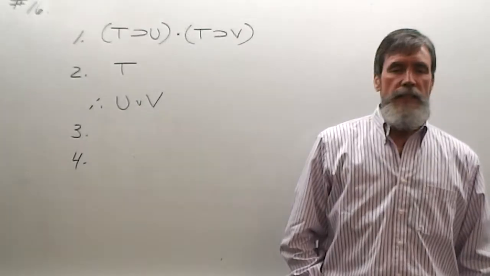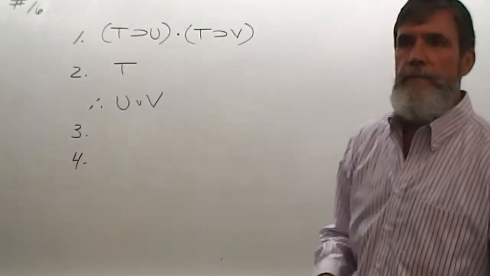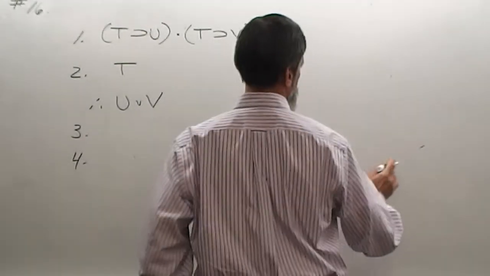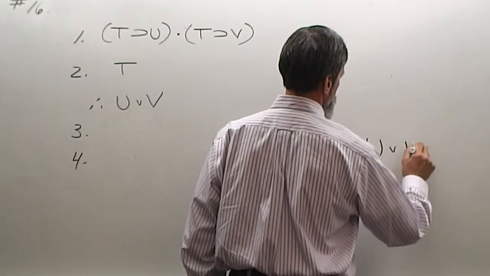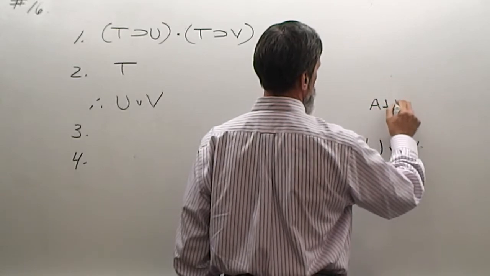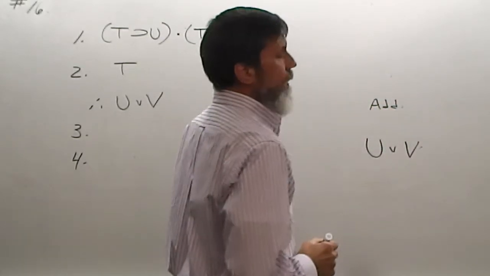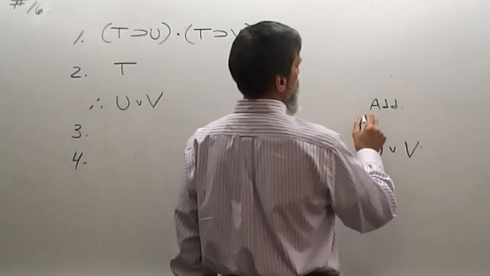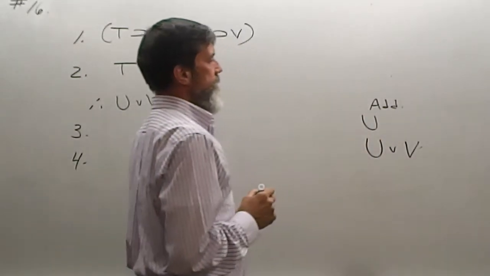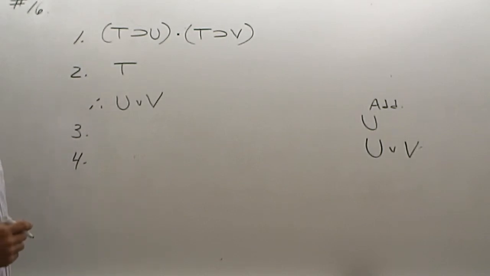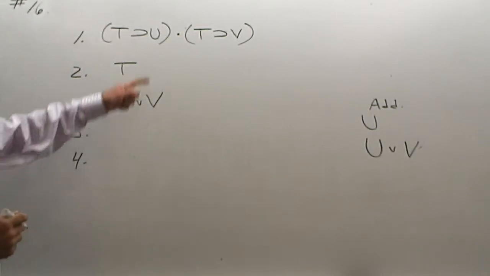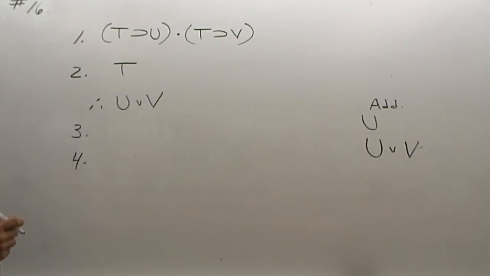So I could do this using addition. Let's see what happens. If I draw that conclusion by addition, I'll need as a premise U. I don't have U on a line by itself. But I do have U in line 1. And it's the consequent of a horseshoe.